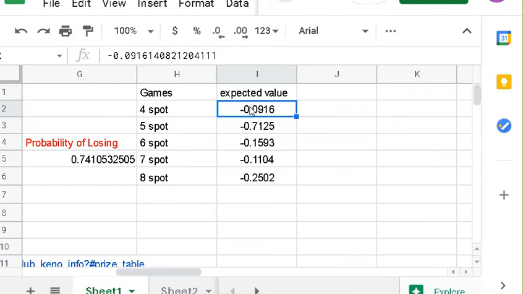So that's what you would expect. Now, would you lose exactly that much? No. That's just on average what you would expect to lose. But if you're betting $1,000 on the 5 spot, on average you're going to lose about $712, $713. Wow. Huge difference.